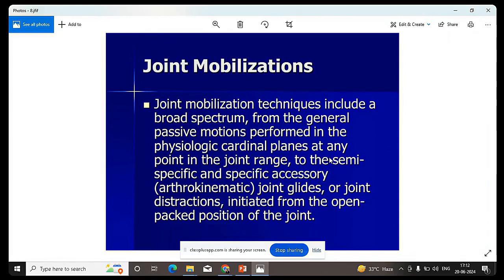So you have the knowledge of the orthokinematic way. Joint glides or joint distractions are initiated from the open packed position of the joint. That is, if the joint is packed, then you have to open it, initiating from the position where the patient is feeling comfortable, and then mobilize. I will demonstrate this also.